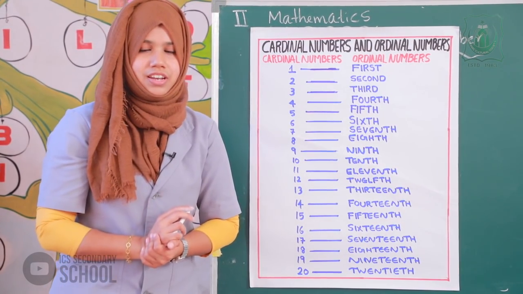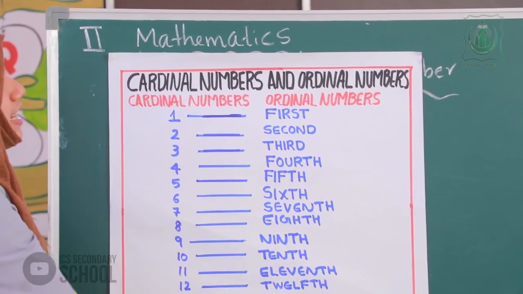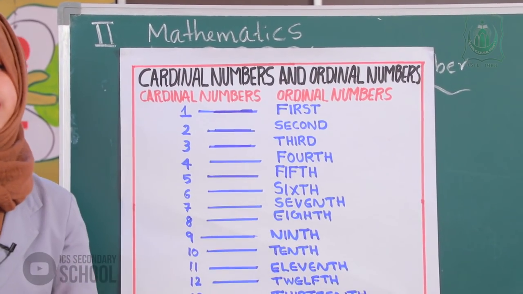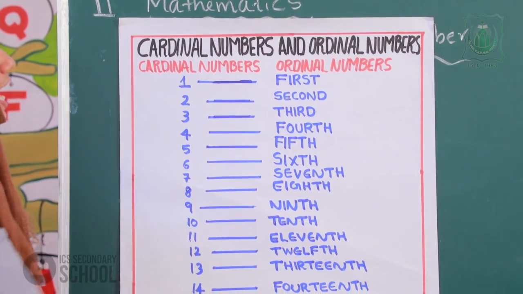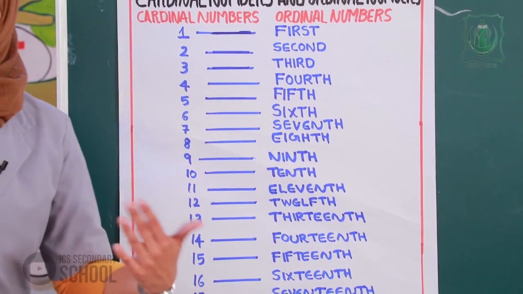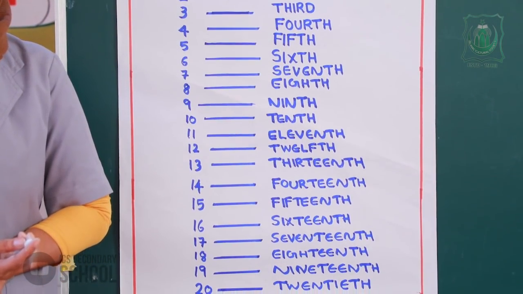Do you understand? Okay. The cardinal numbers show the quantity used for counting, and the ordinal numbers show position or order. Okay.